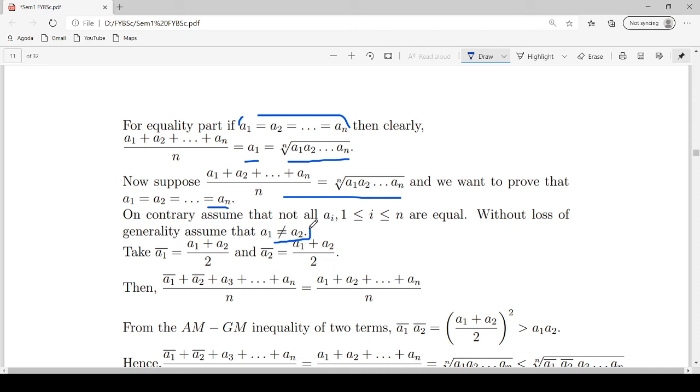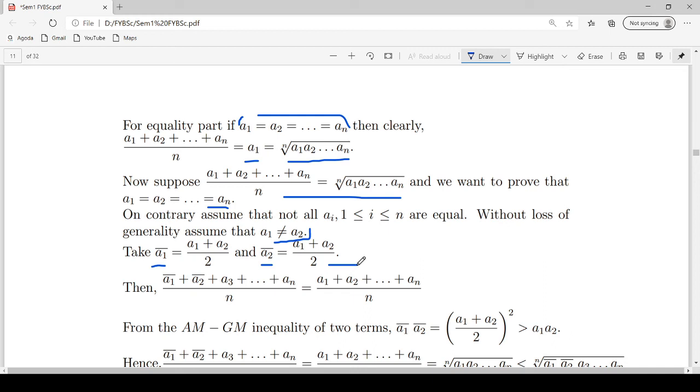Once I have assumed a1 is not equal to a2, you take two positive real numbers a1 bar and a2 bar as (a1 + a2) upon 2. So you have defined a1 bar as (a1 + a2) upon 2 and a2 bar as (a1 + a2) upon 2 only. Now what is a1 bar plus a2 bar? a1 bar plus a2 bar is equal to 2 times (a1 + a2) upon 2, which is equal to a1 plus a2.